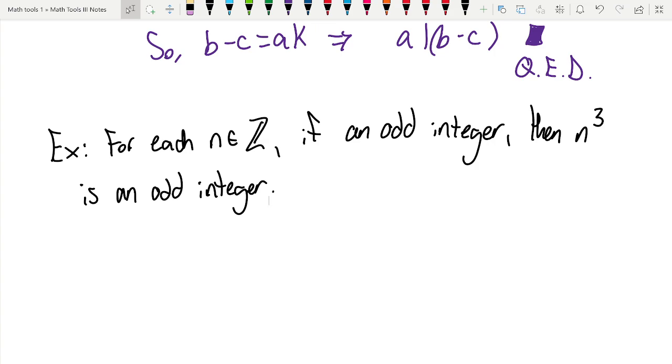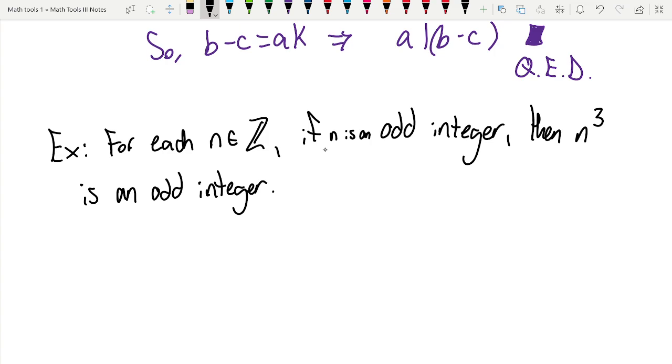So here we don't really have a lot to work with. I also just realized I didn't write this correctly. If n is an odd integer, then n cubed is an odd integer. So this is another thing where it might be kind of obvious if you just think about the numbers, but that's not good enough, right? We need to really define it for any number.